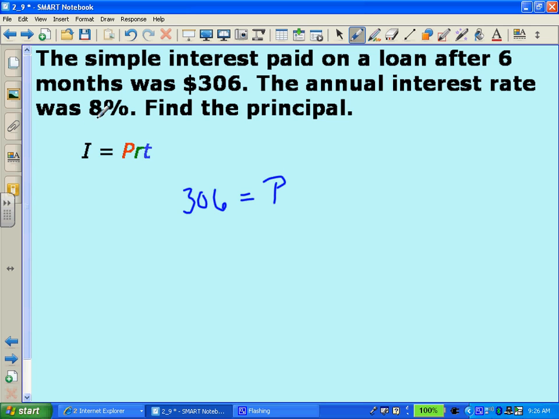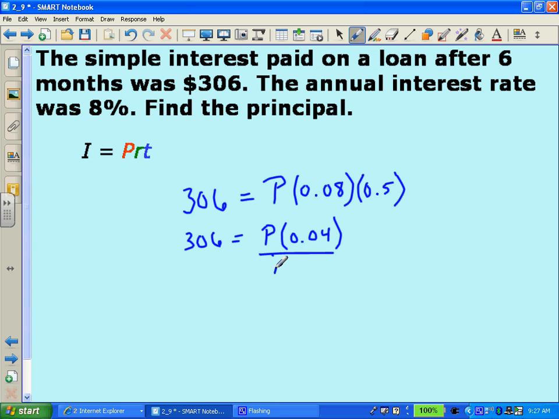So that's going to go where I goes. I don't know P. The rate was 8%. You got to put that as a decimal, so that's going to be 0.08. And the time was 6 months, so once again I have to put 0.5 because time has to be in years. So then if I do 0.08 times 0.5, I get 0.04 times P. So then to solve for P, I'm going to divide by 0.04.